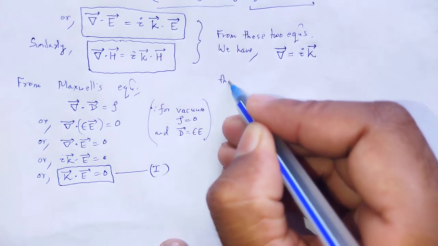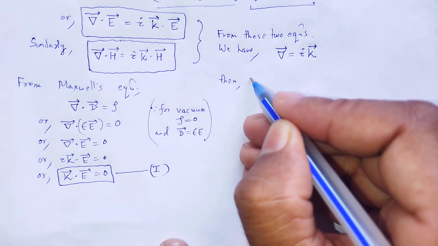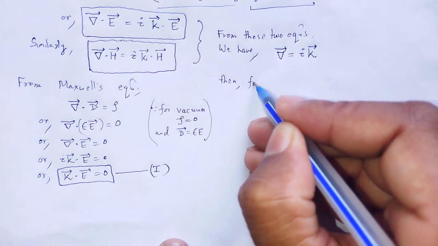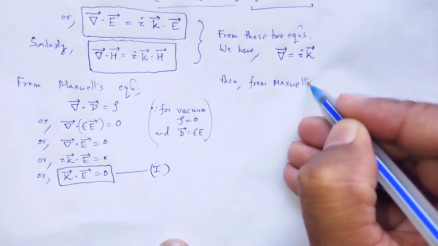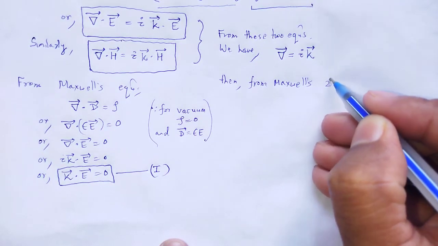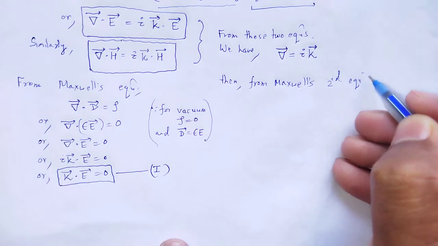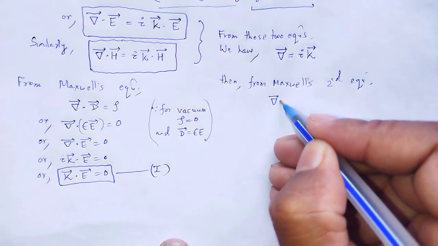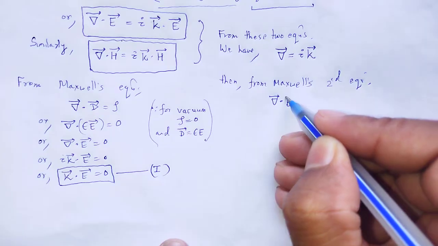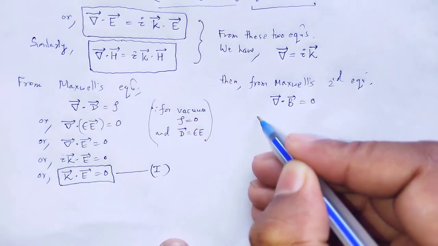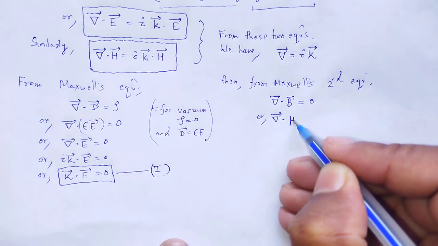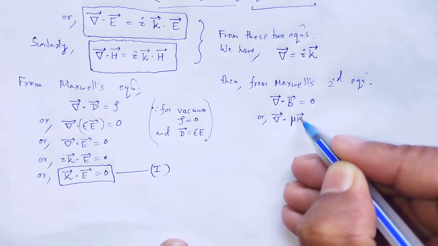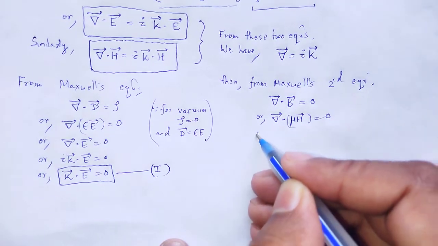Then from Maxwell's second equation, the divergence of the magnetic field will be 0. Again, in place of B, that is mu H vector, it is equal to 0.